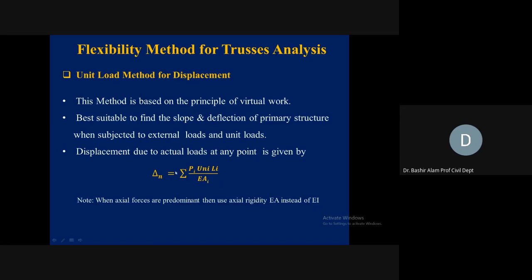If you see, the nomenclature of this equation is exactly the same as it was in case of the frames, but there M's were involved. Here now the axial forces are involved. Now note, when axial forces are predominant, then use axial rigidity EA instead of EI. As moments are not involved and axial forces are involved, we are using EA instead of EI.